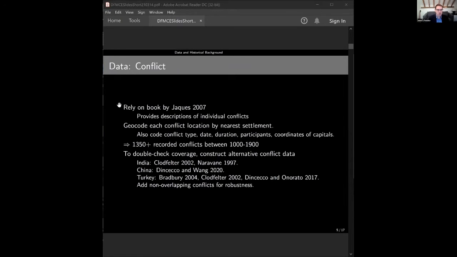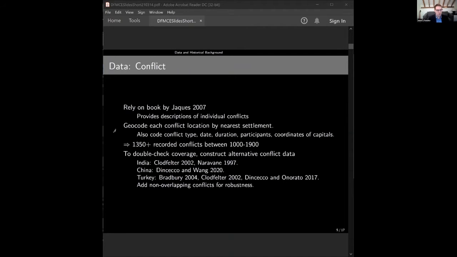Where are we going to get data? Well, our baseline measure of the left-hand side variable is going to come from a well-known Encyclopedia of Conflict by Jaques. You've seen this source used before, for example, by Joachim Voth in a Restud paper. We're going to take every event that happens in Asia in this source, and we're going to geocode it by the nearest settlement.